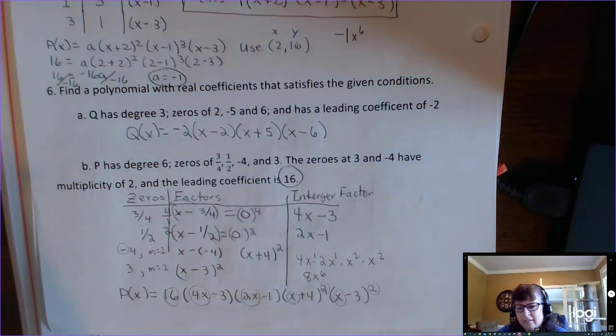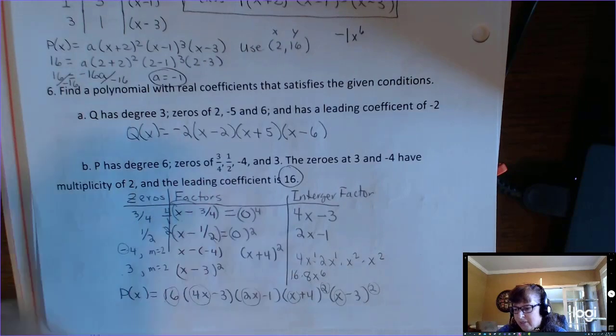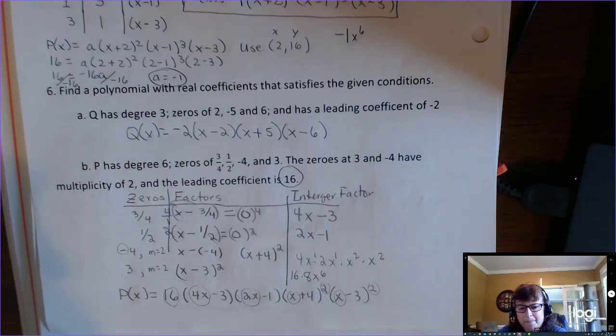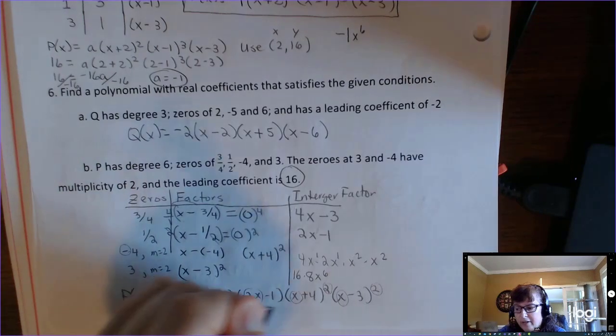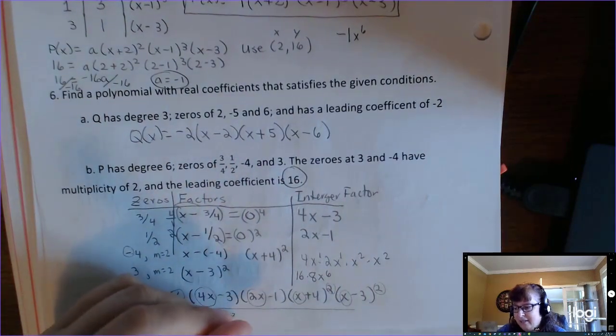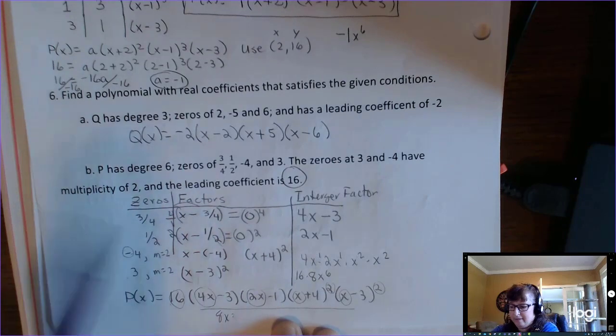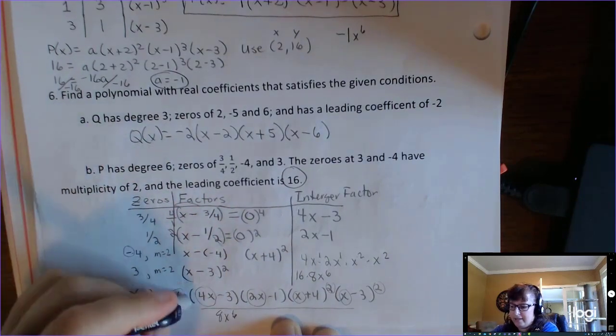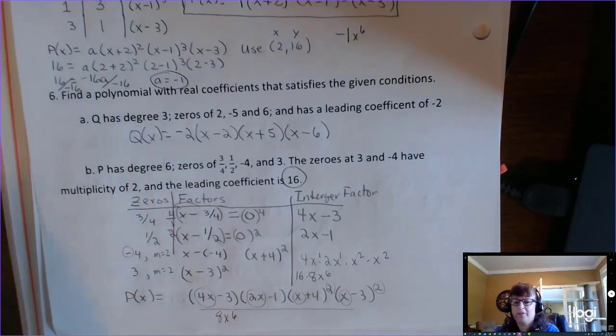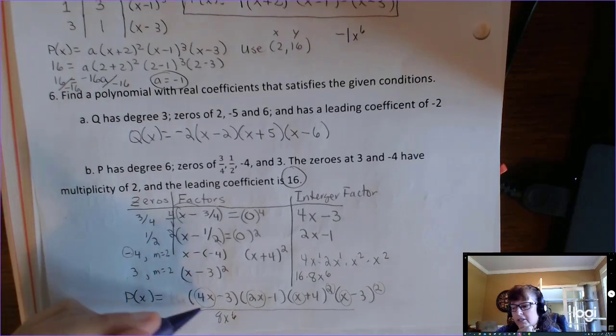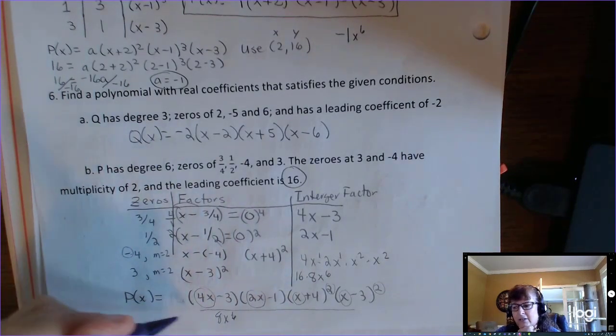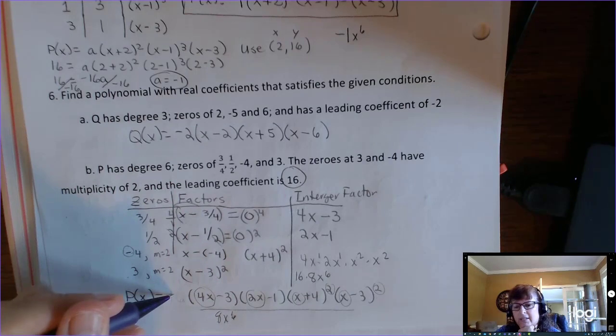But there's already a 16 out here, so 16 times a is not going to give you a leading coefficient of 16. So you've got your 8x to the 6th in here. You've got to take that away from the 16. You've got to understand that we've got 8x to the 6 here. So what times 8 will give you 16?